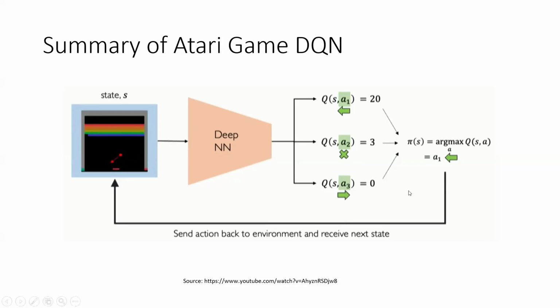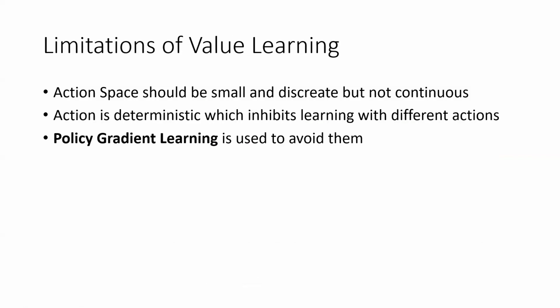So this would continue again and again until the neural network is highly successful at playing this game. So this is how the Atari game is played with deep neural network.